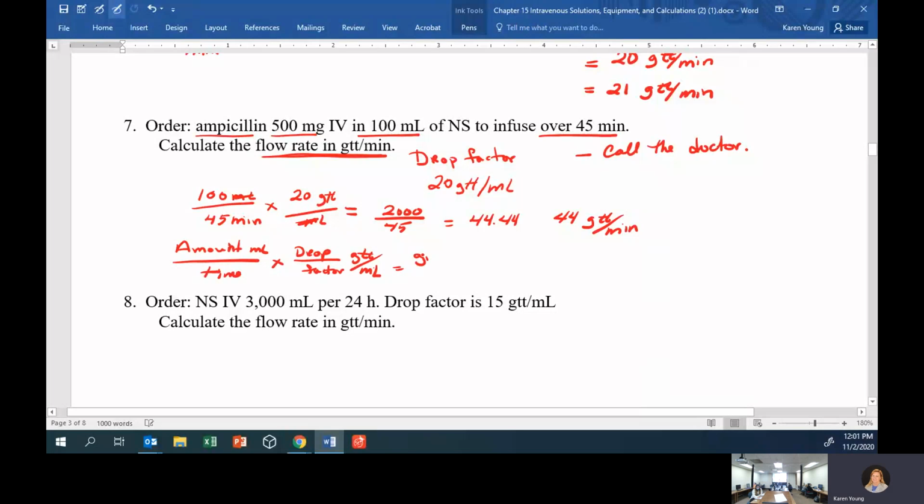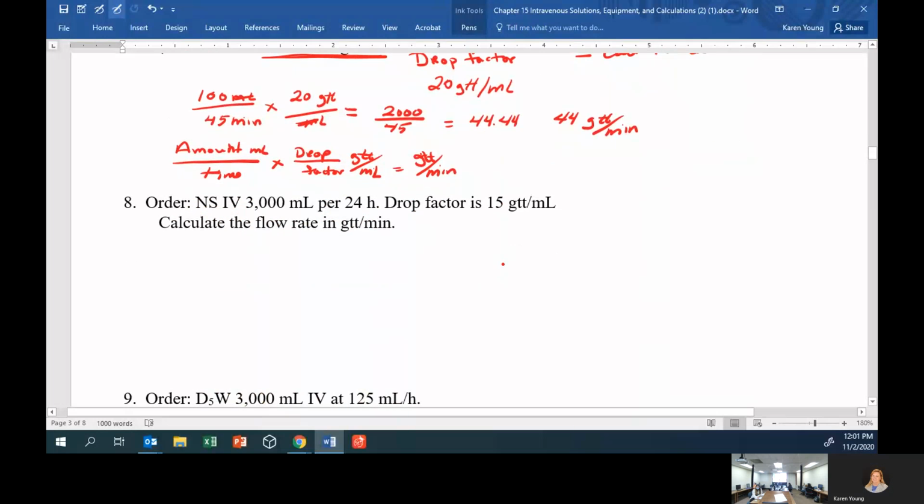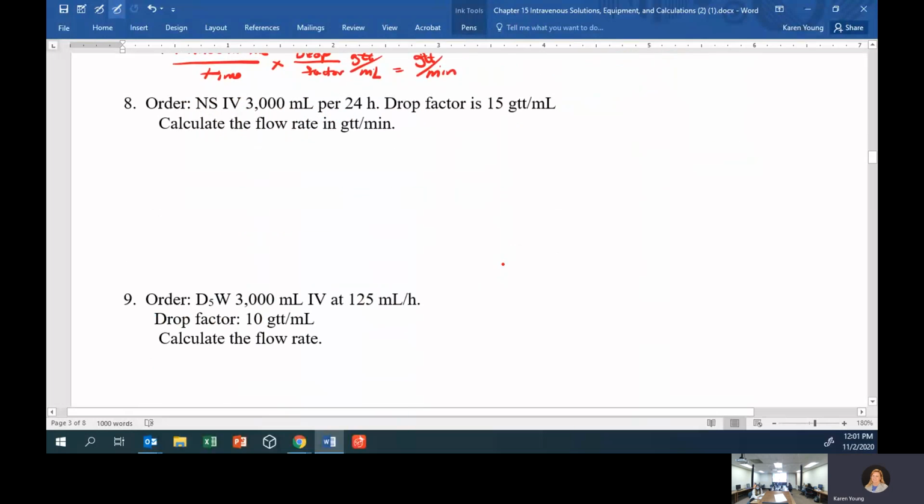And that gives me drops per minute. Now, sometimes I'll have to convert my time if I'm given in hours. Okay, y'all do number 8.